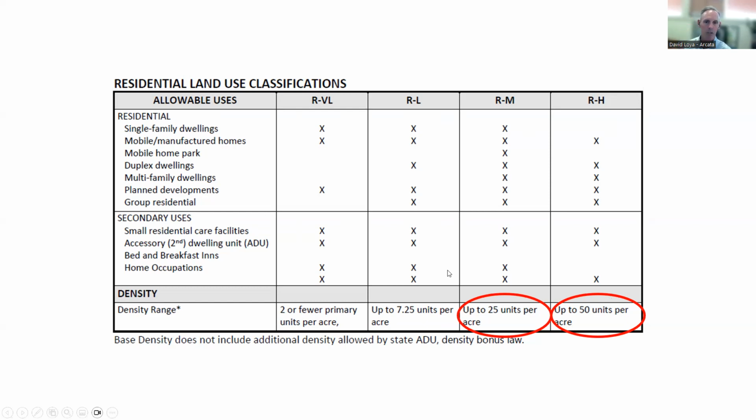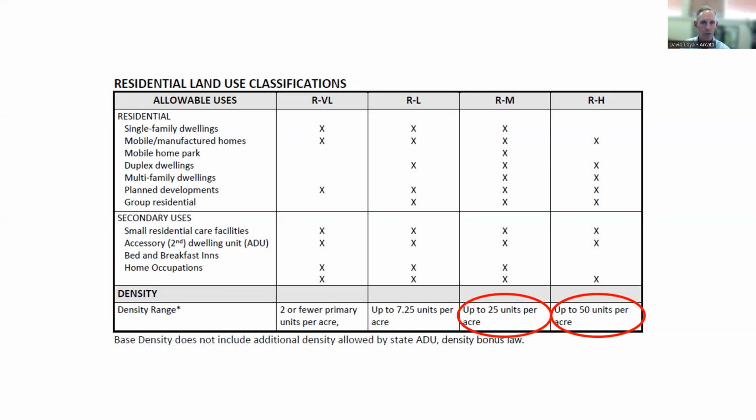And in the residential low density zoning types, the density range there is really about subdivision. So it's up to 7.25 units per acre once you have a subdivision. Once it's been subdivided, that 7.25 units per acre gets you to about 1 unit per 6,000 square foot parcel to begin with. And it's important to note, as the note on the bottom of this table says, that doesn't include things like state accessory dwelling unit law or density bonus law that may come.